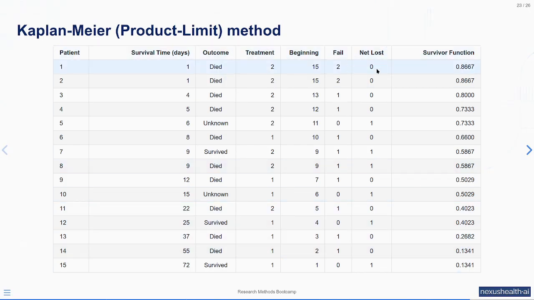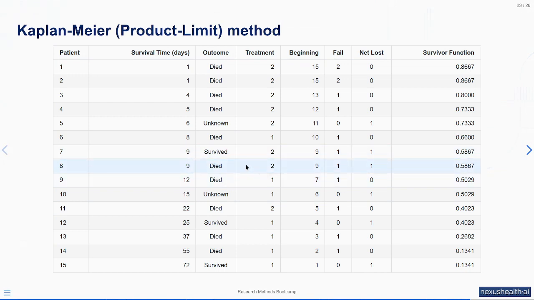And so this is just giving us for each time period how many people are being lost. So net loss is 0 here because we know the outcomes, but here there's 1 person lost because it's censored. It did not die but left the study, so 1 person lost, and so that's really what you're seeing here.